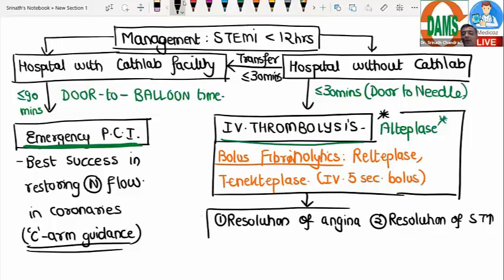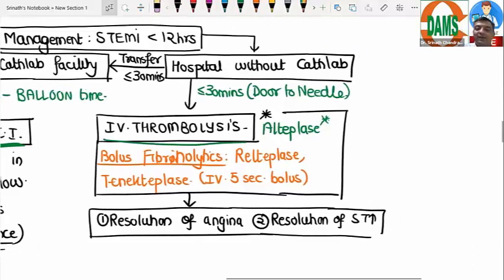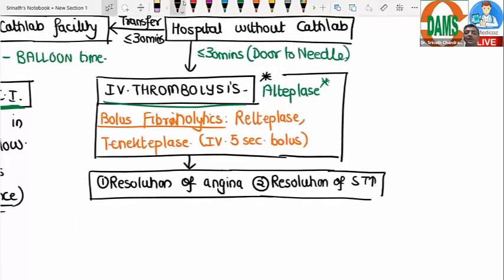So you monitor 2 parameters every half an hour. Every half an hour, you ask the patient how much is the chest pain, and repeat the ECG. Practically, I ask the patient whether they have got relief of the chest pain and what is the resolution of ST elevation.